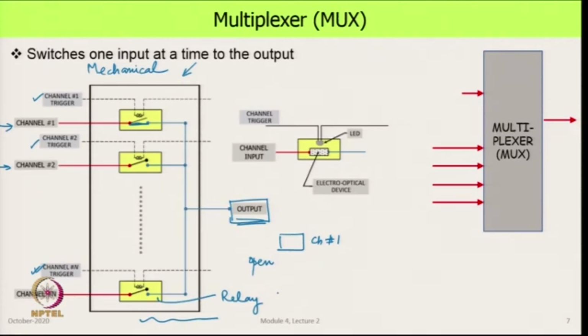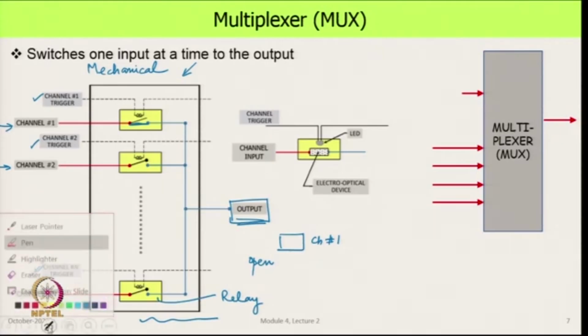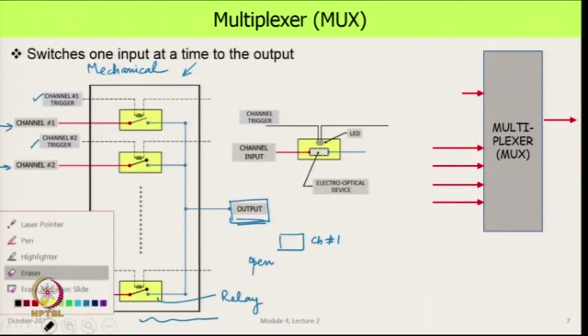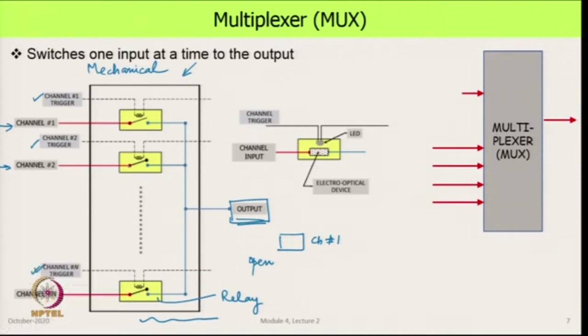Having done channel 1, you then de-energize this. So, this is taken off and this circuit again becomes open, and then you trigger channel number 2 and this circuit gets closed.